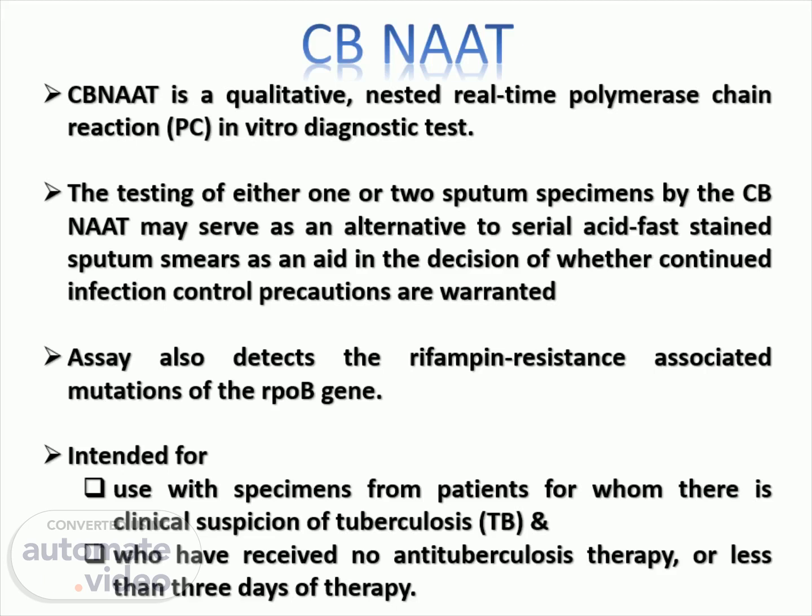CBNAAT also detects the rifampin resistance-associated mutations of the rpoB gene. It is intended for use with specimens from patients for whom there is clinical suspicion of tuberculosis, TB, and who have received no antituberculosis therapy, or less than 3 days of therapy.